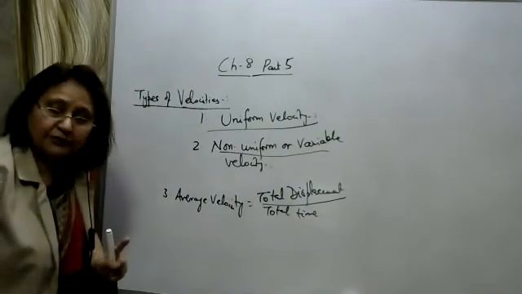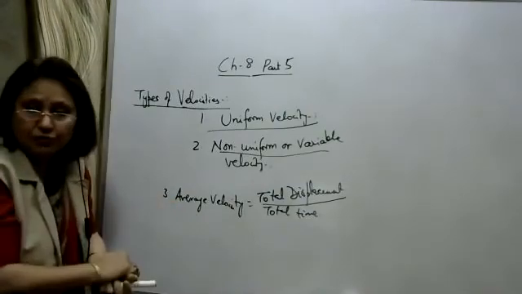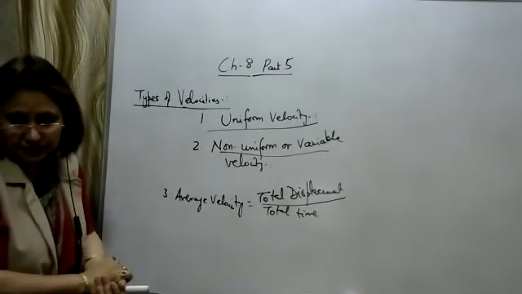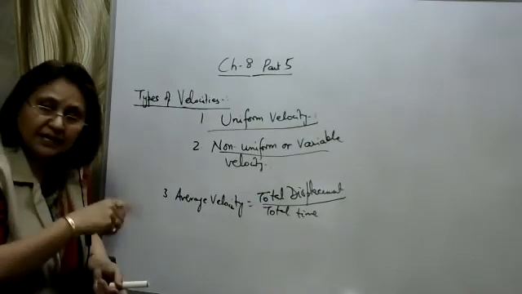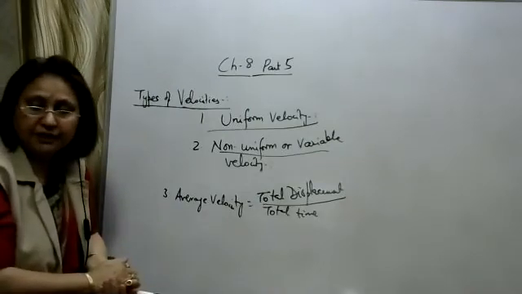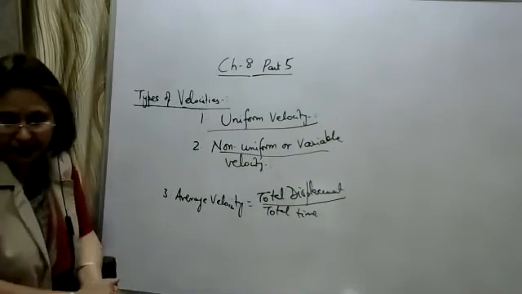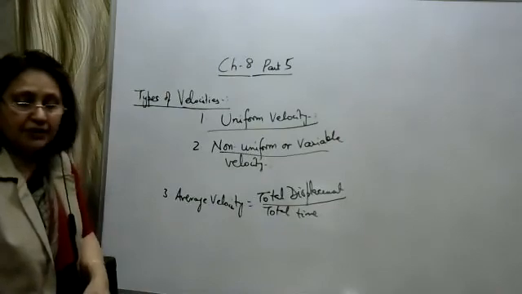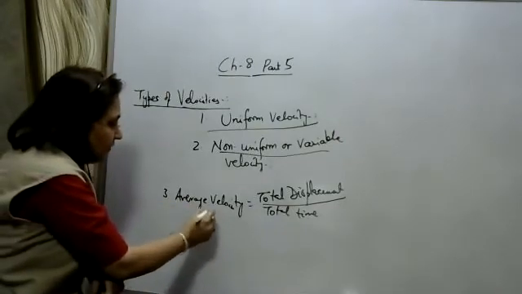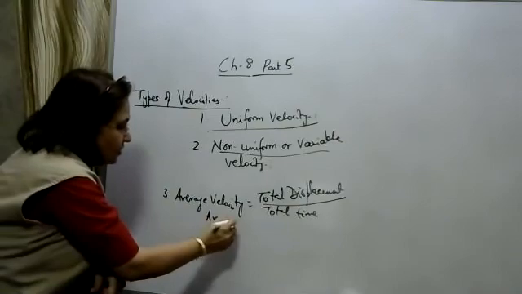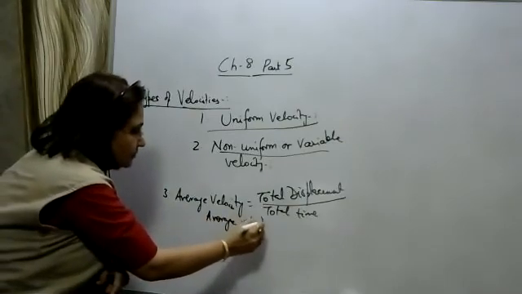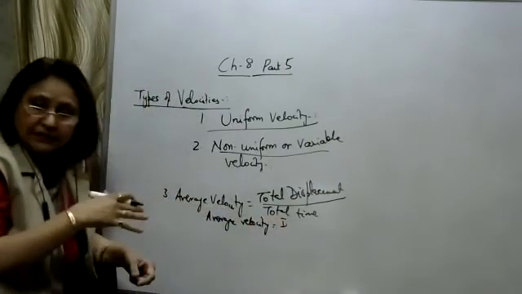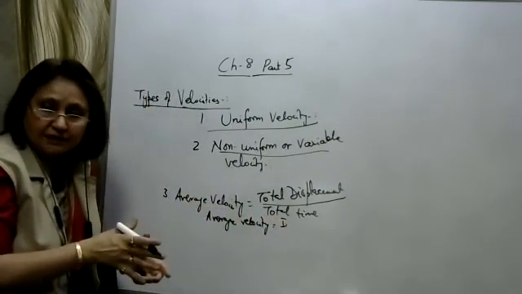Average velocity, one more formula here I am giving. Write down, if the velocity is changing at a uniform rate, then the average velocity is the arithmetic mean of initial and final velocity.